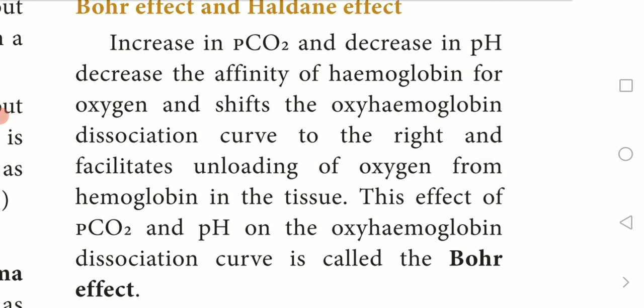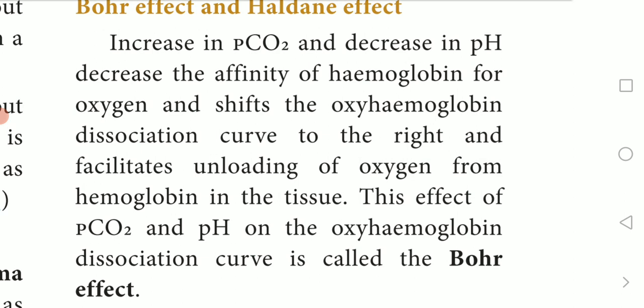Here, the curve is the sigmoid curve I showed earlier. When carbon dioxide increases, the pH decreases. The affinity of hemoglobin for oxygen also decreases. The curve automatically shifts to the right.